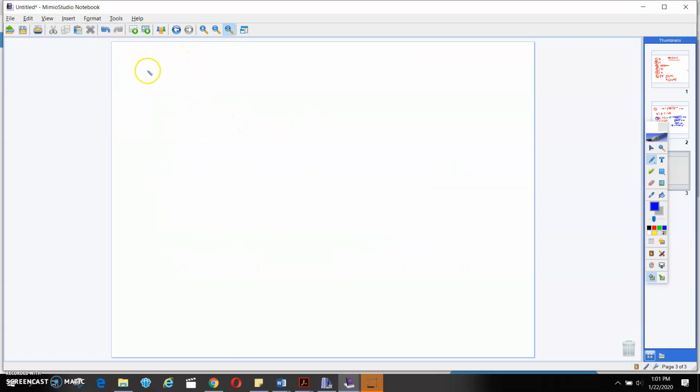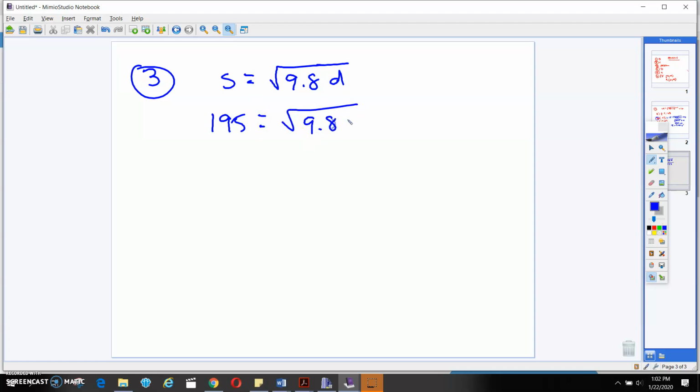Number 3. Okay. So on 3, they tell me that there's this equation right here, and they want us to see what the depth of the ocean was at that time of 195 meters per second, right? So I'm going to plug 195 in for S, and I'm going to try to solve for D. The first thing I'm going to do is square both sides.